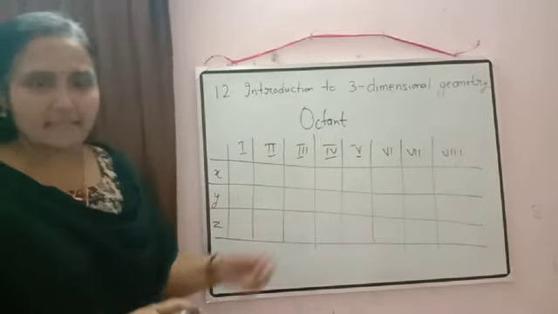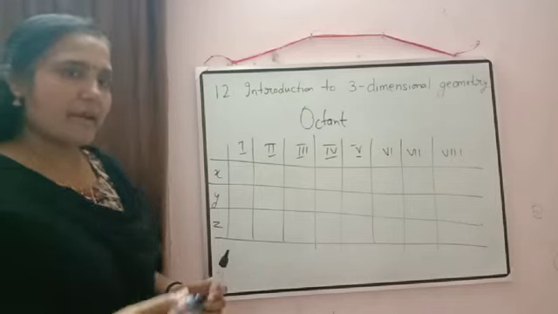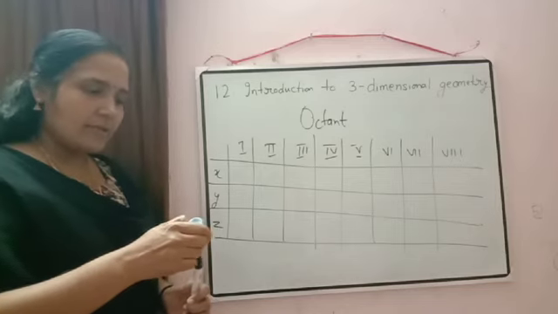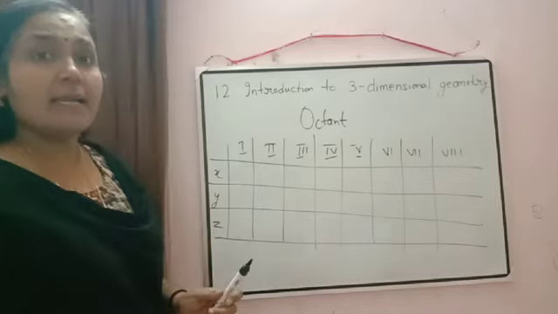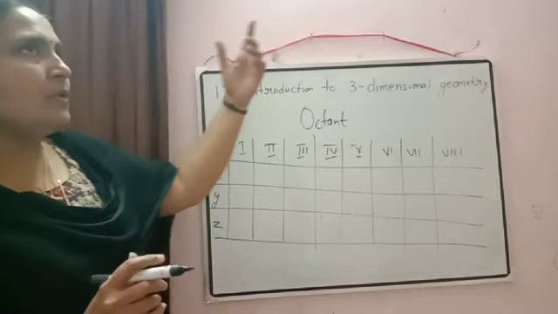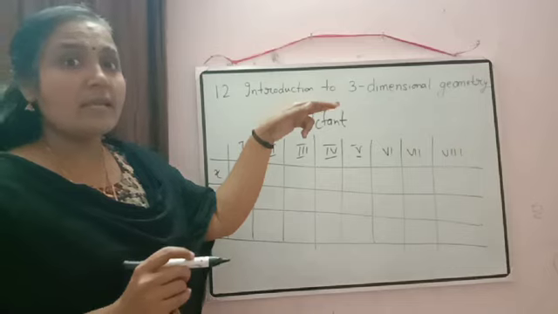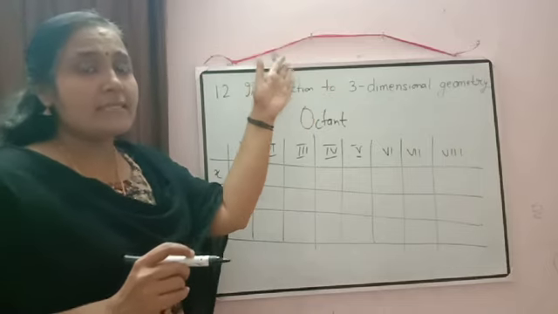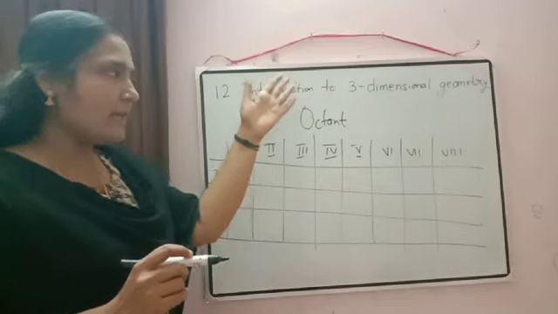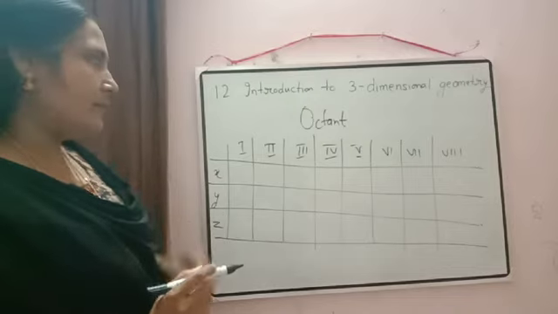Sometimes we write first octant, second octant, or otherwise we write down the plane. That I will also explain, because we know that if a point is on the negative side, usually we denote it by x dash if it is on the negative x-axis. In the same way here also we will check.